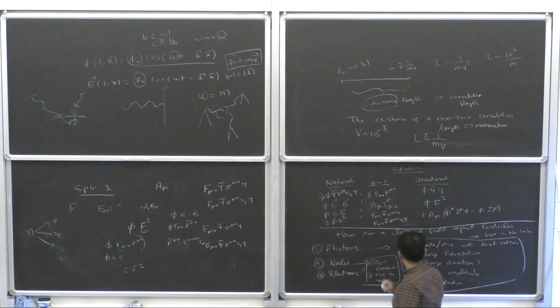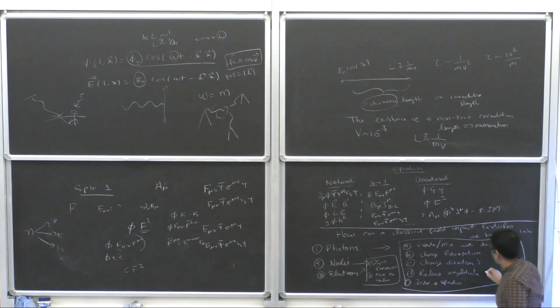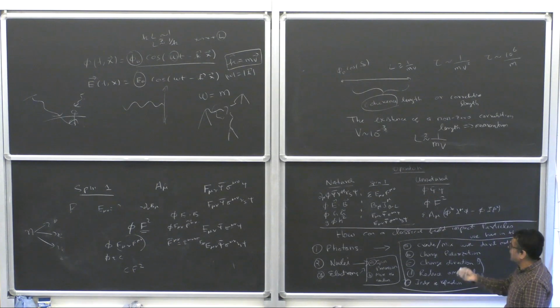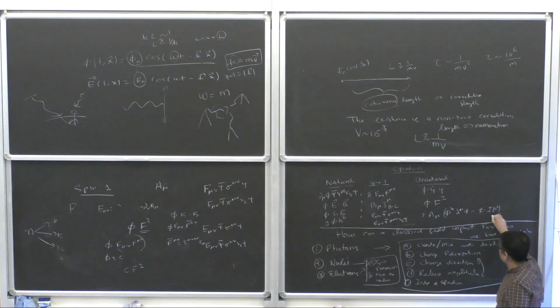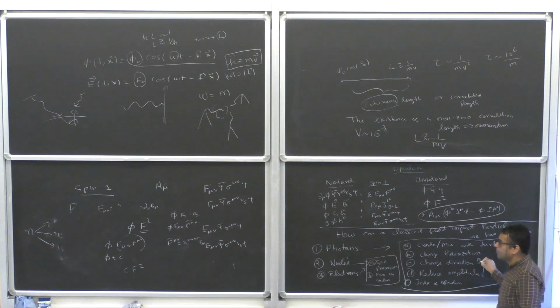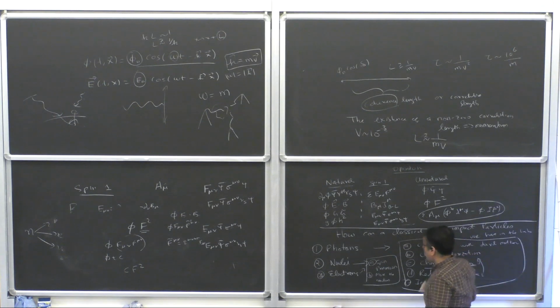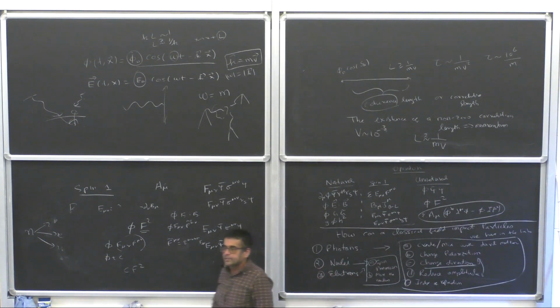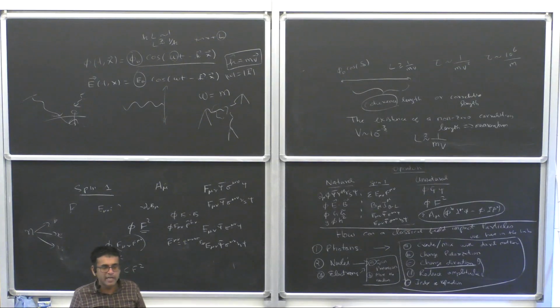Now, yeah, maybe we'll just finish with that discussion. So I still have to tell you what we can do with these two guys, okay? And indeed, the last one, which is an index of refraction, is exactly sort of Itai's example, which is that I can give you a dark matter that has a small charge that will do this, okay? But let me make an interesting point about whether or not it is easy or difficult to change the direction of a photon with something other than gravity, okay?